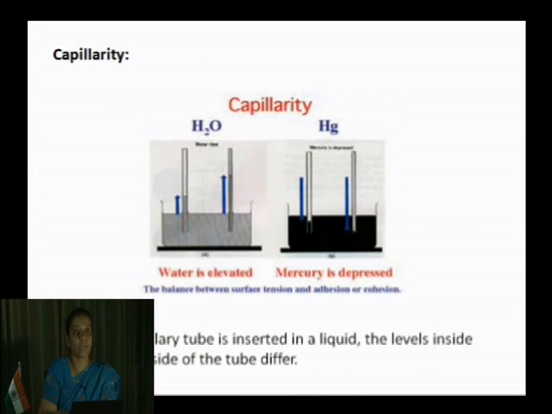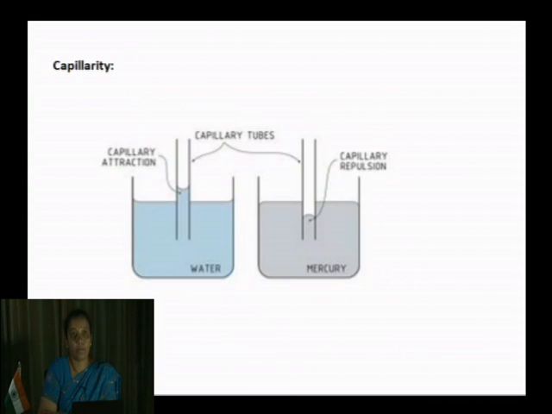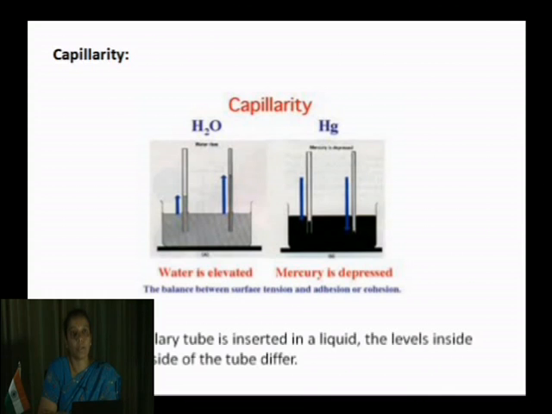Next we are going to see capillarity. When a capillary tube is inserted in a liquid, we can see as in the picture, the levels inside the capillary tube are actually greater than or lower than the actual level of liquid in the beaker.